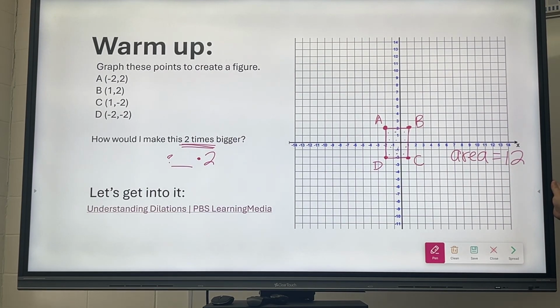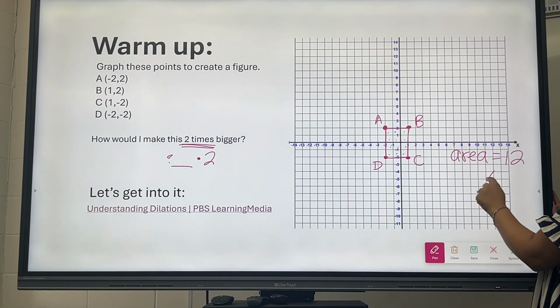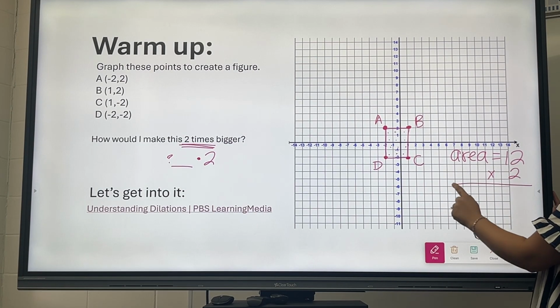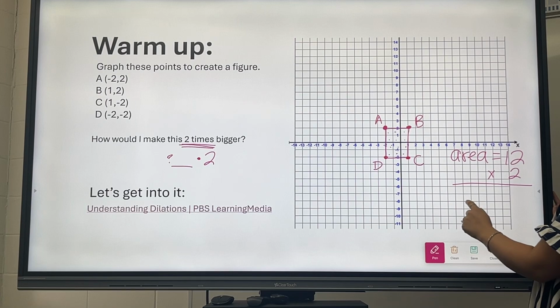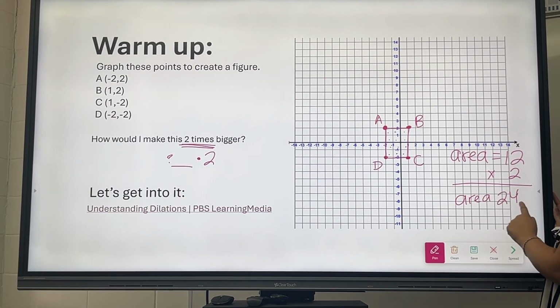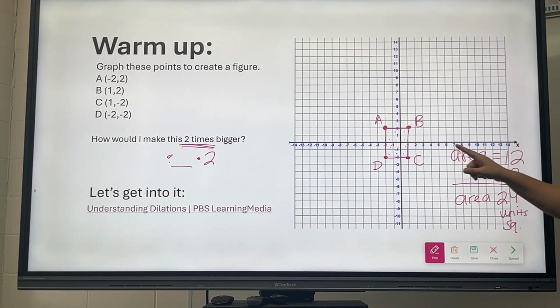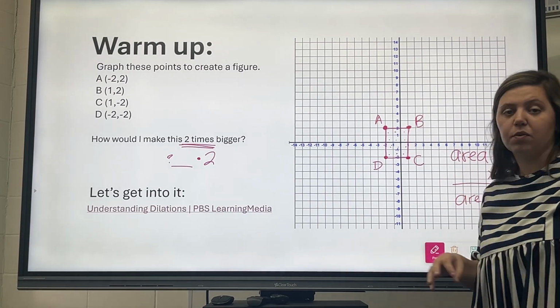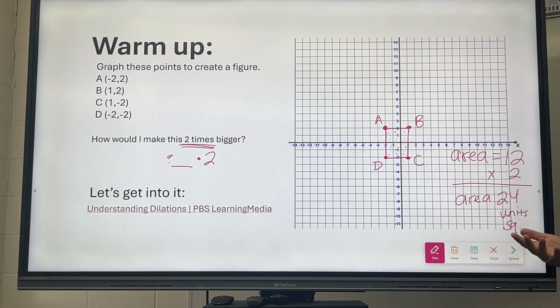If I take that and I make it 2 times bigger, I would take that area and multiply it by 2 to give me a shape that is now an area of 24, to be specific, units squared, okay? Units squared, so square units within this, right? Okay, that's if I make the area bigger.